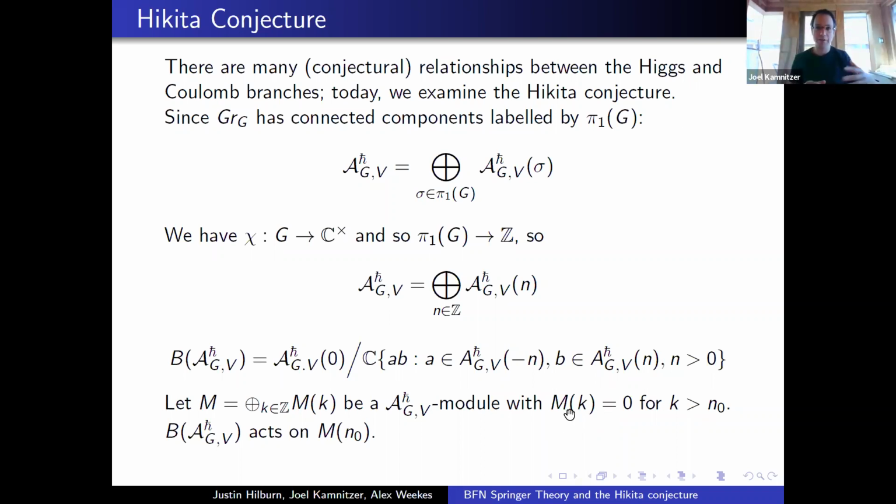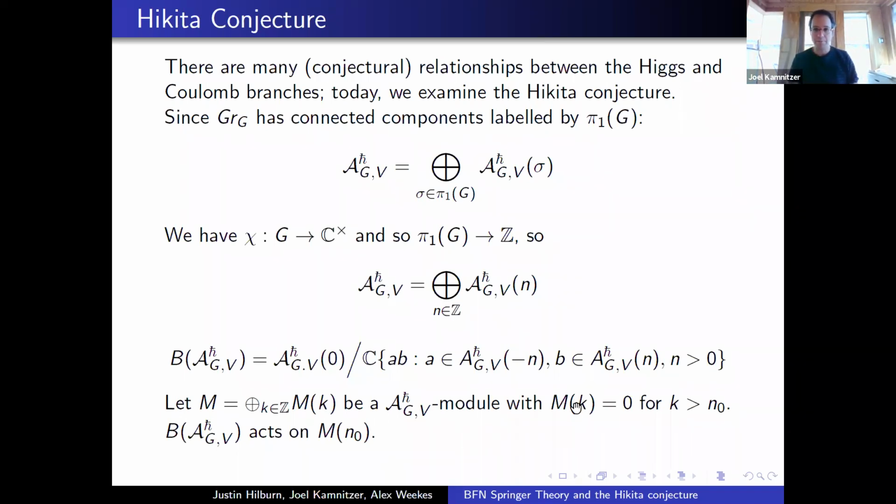I'm thinking by analogy with the case when this algebra is, say, the universal enveloping algebra of a semi-simple Lie algebra. In fact, the universal enveloping algebra of SLN is an example of this Coulomb branch algebra. In that example, this pi1 of G grading would correspond to the usual grading of my algebra by the root lattice, and here I have collapsed that root lattice grading to an integer.